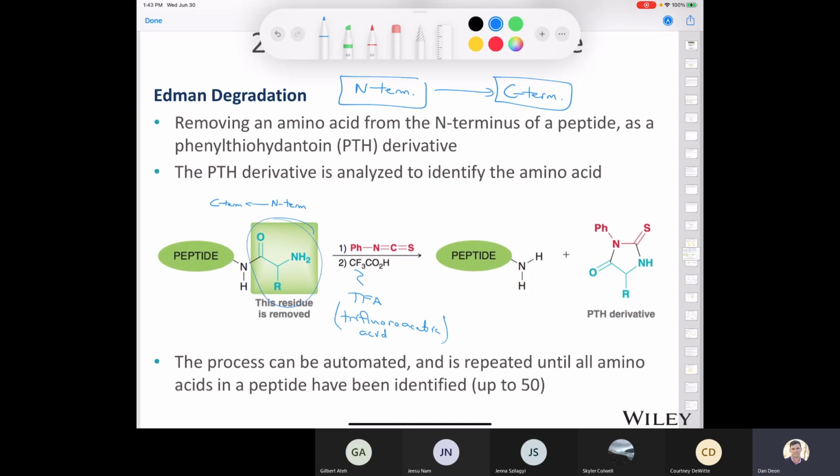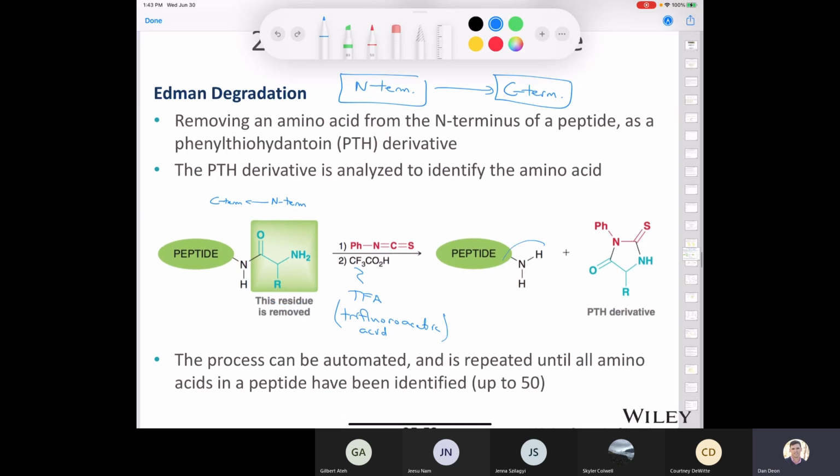You remove this part from the peptide, so you're left over with a new N terminus to do a second degradation. But the idea is that the phenylthiohydantoin derivative, all of this stuff is going to remain pretty much constant, okay? But the R group is going to change, isn't it? Right? If it's an alanine, it would be a methyl. If it's a leucine, it would be an isobutyl, so on and so forth.